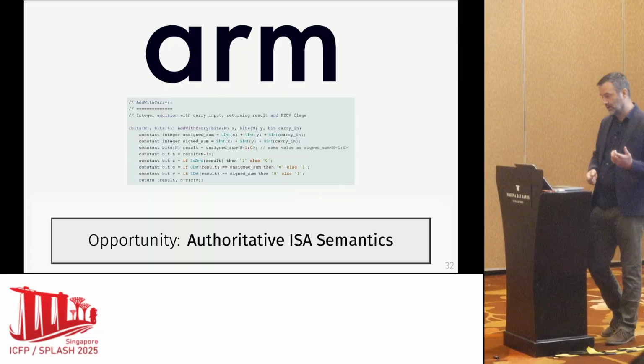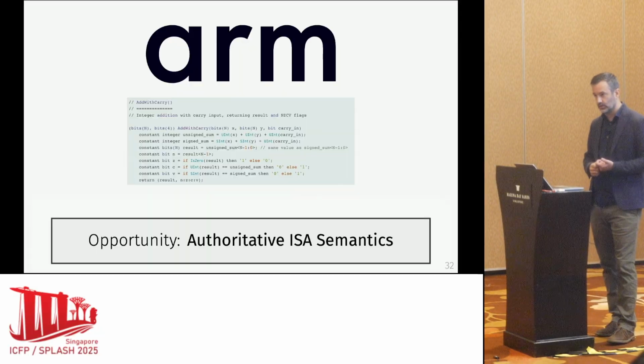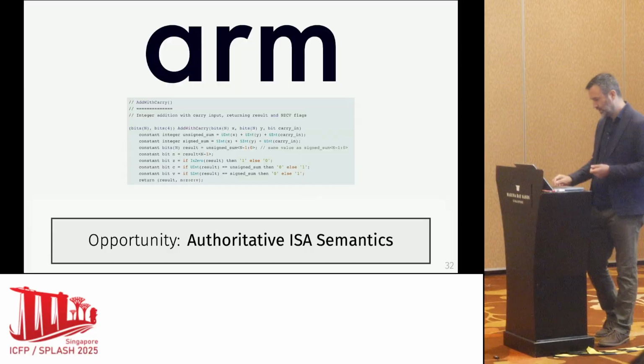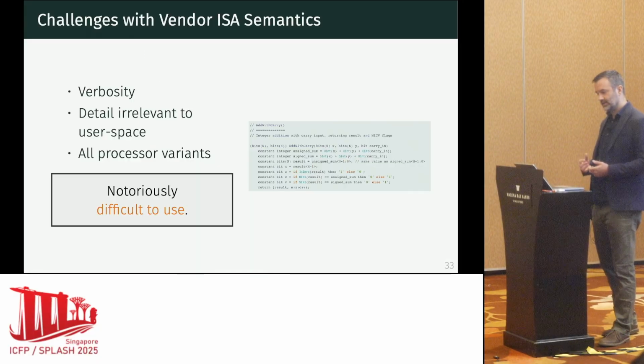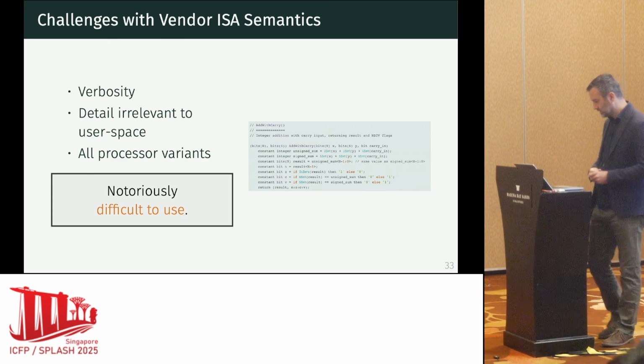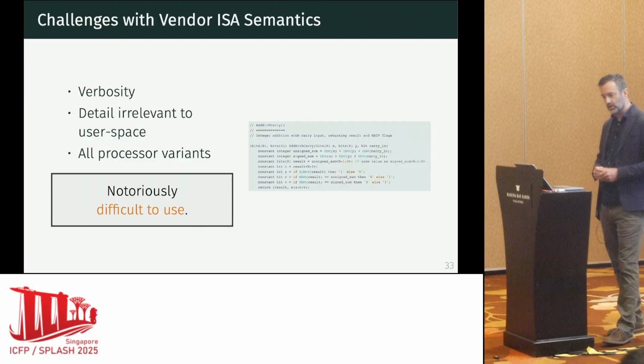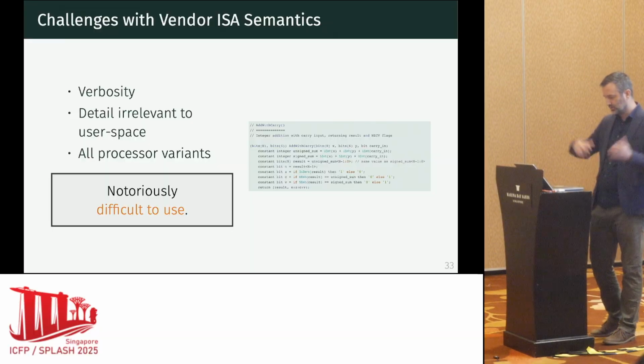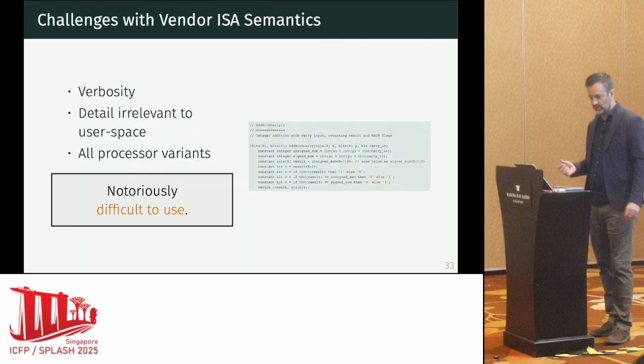This was led by ARM, but we believe that Intel is following suit pretty soon. Doesn't this just solve our problem? The answer is not quite, that these semantics they distribute target many use cases, and as a result, they are very verbose, and they contain low-level details not required for user space or compiler verification, as well as all possible processor variants, which means that they are actually notoriously difficult to use.